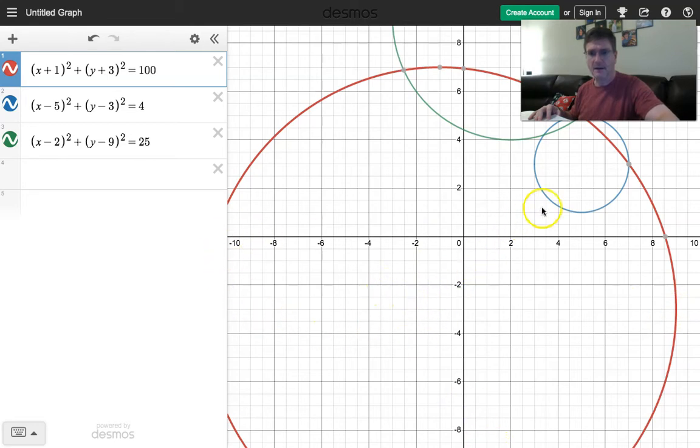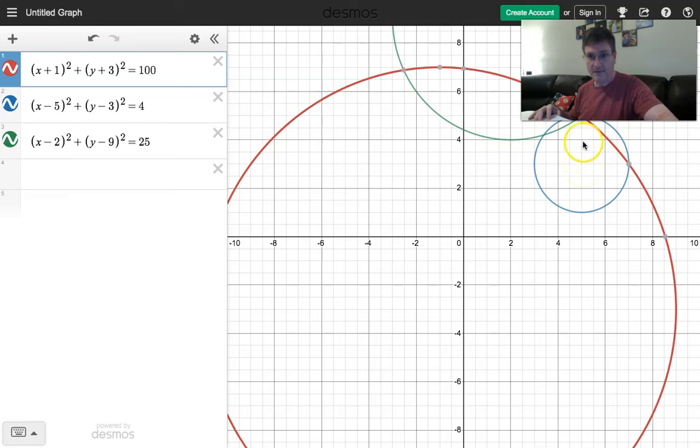I did the same thing when I plotted the second equation, (x - 5)² + (y - 3)² = 4. I plotted the point 5, 3 here, and then I went up 2 spots, right 2 spots, left 2 spots, and down 2 spots. And I noticed, or at least I should have noticed when I did my quick sketch, that I'm hitting that first equation in 2 places.